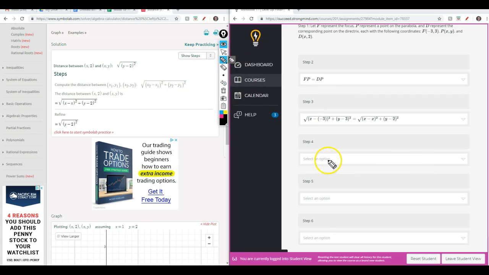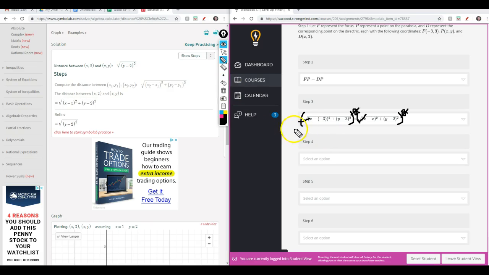So now moving on to step 4, the easiest way to show you this is to let you know that the inverse operation of a square root is a square. So you would first square both sides, and that would reduce down that square root and square.